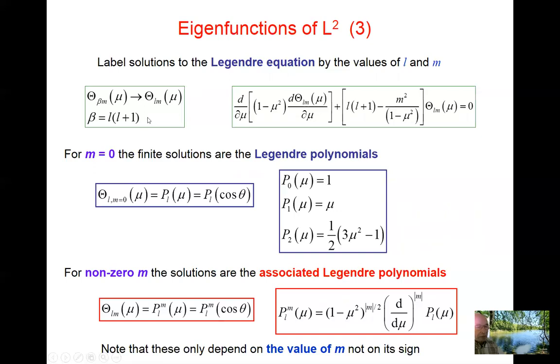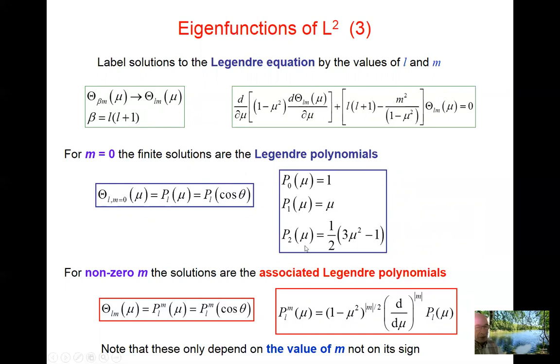So the rest is simply mathematical description of Legendre polynomials. These polynomials for different m values have different shapes. They may be constant, or they may be much more complex.